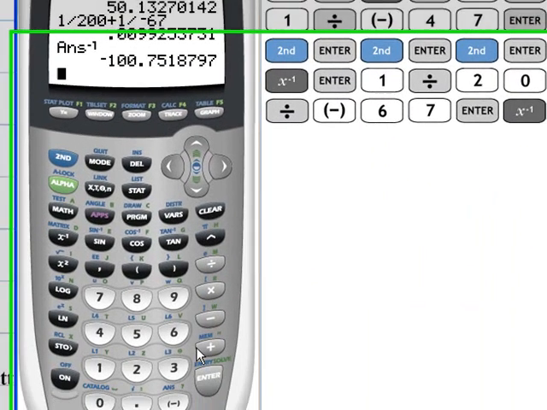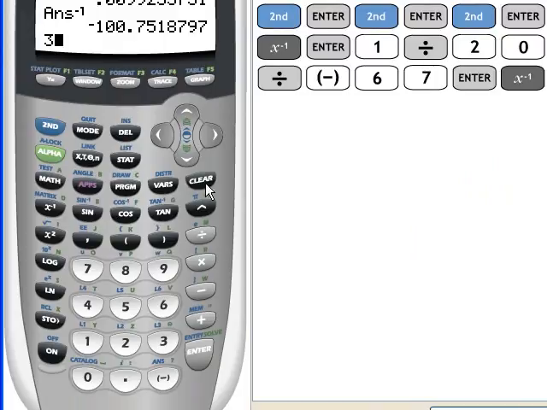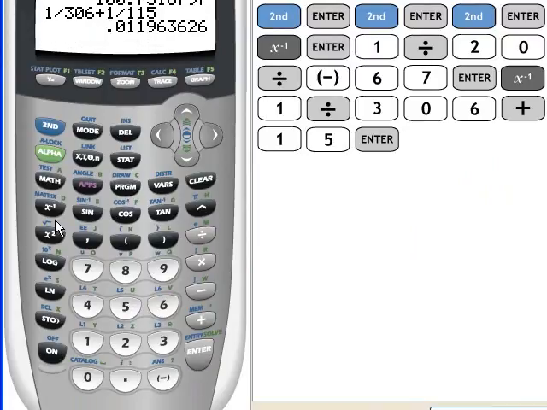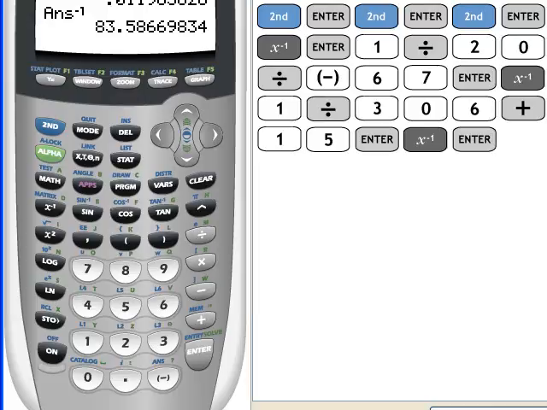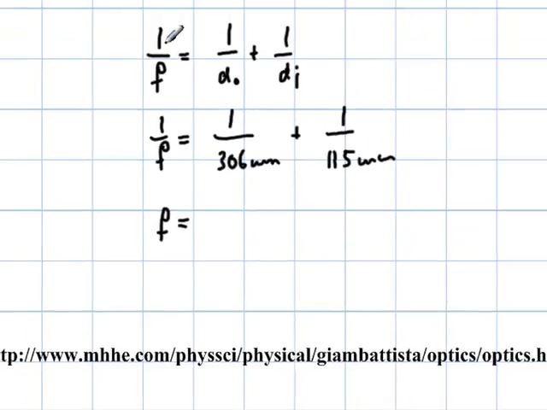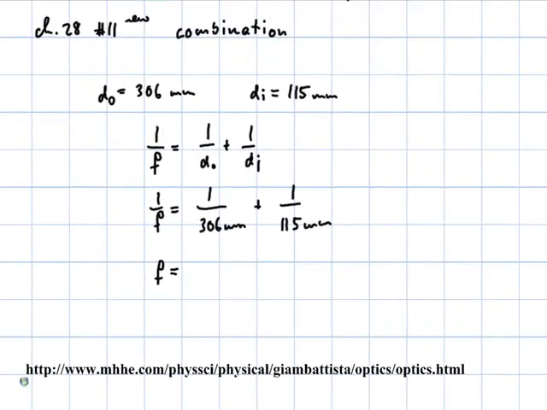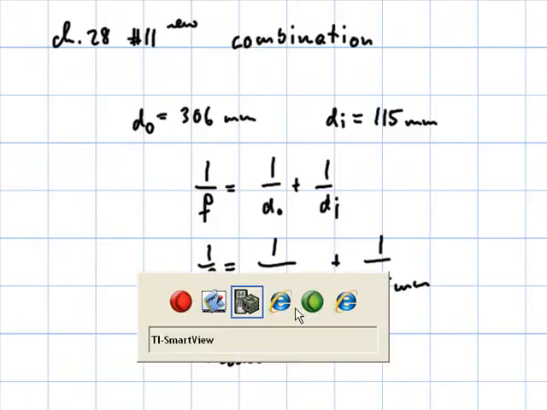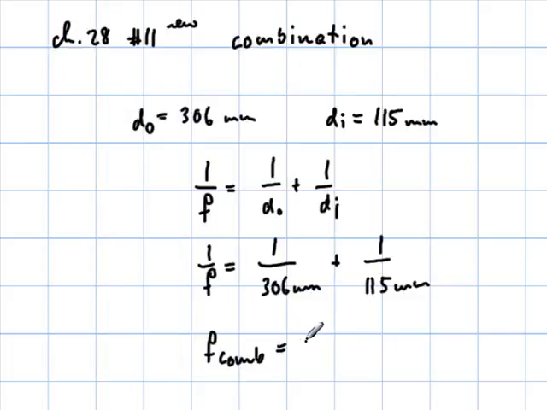We're going to come up with 1/306 plus 1/115, and we need to invert that. That comes out to around 84, and I have to amend this just slightly. This one is the focal length of the combination of the two. So again, I believe that was 84 millimeters.